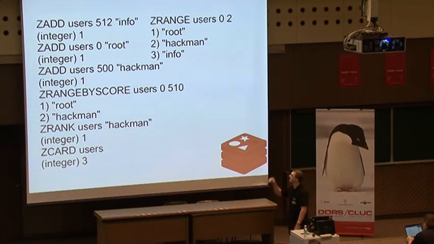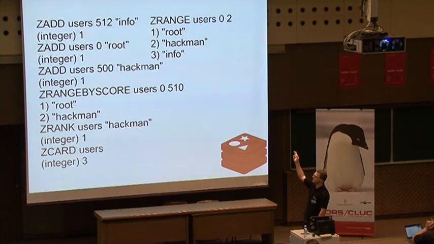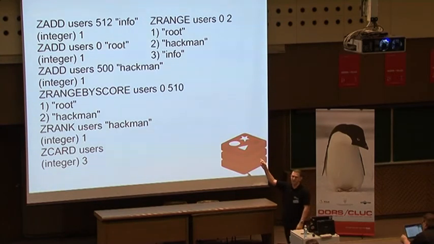Here we add a user ID and the username, then again another user ID and the username. What you see is that we have 3 different user IDs, 512, 0, and 500, that are not ordered. But when you retrieve the information, you get them ordered by the ID that you have set.